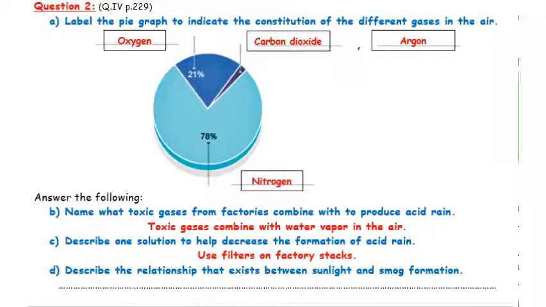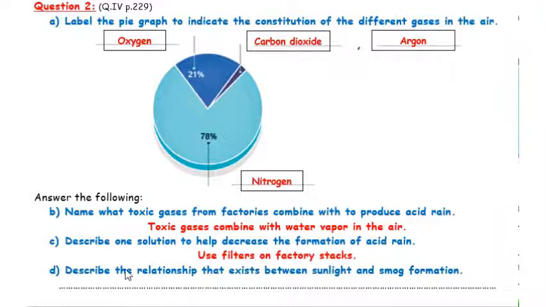So, when there are harmful gases in the atmosphere, the sunlight will help these gases to become smog, a harmful layer of dangerous substances. So, smog builds when sunlight cooks the emissions of gases, and then we will have ground level ozone, which is the main chemical in smog.